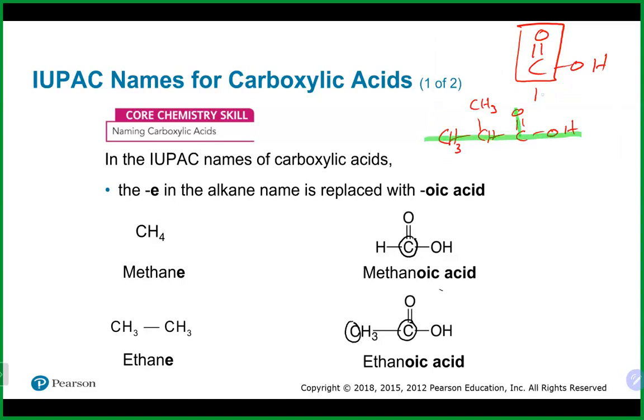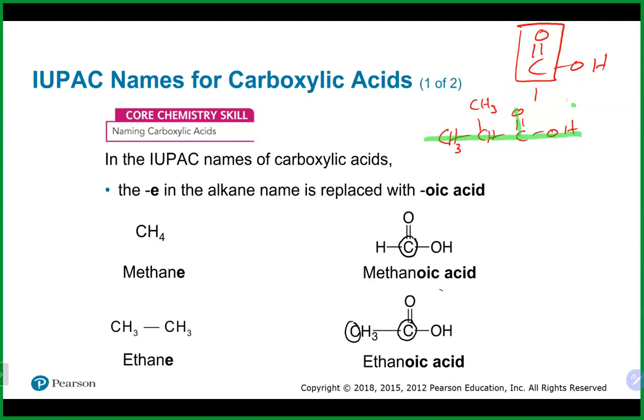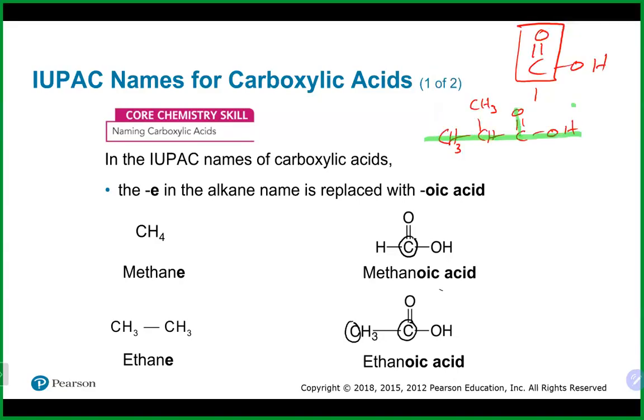Here, you could also get 3 by going straight and then up to that one. It doesn't matter which way you choose. They both should give you the same answer. So 3 carbons is based off of propane, and because it has that carboxylic acid group, that would be propanoic acid.